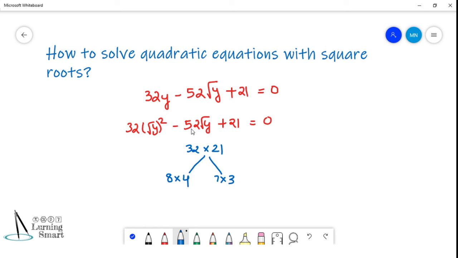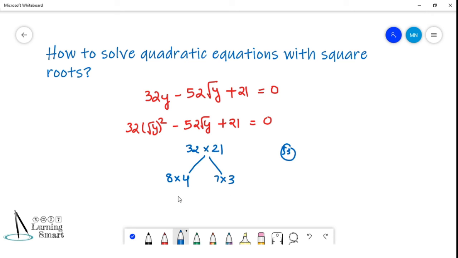And we should somehow get 52. 32, 21, when you add them, what do you get? 60, 53. But you should get 52. So take 4 and 7 together, you get 28. And 8 and 3 together, you get 24. And when you add them, you get 52, right?